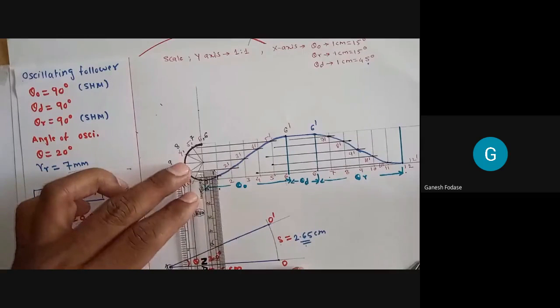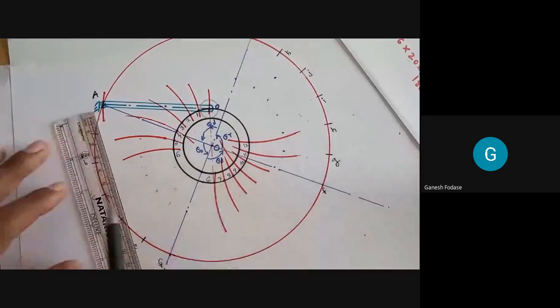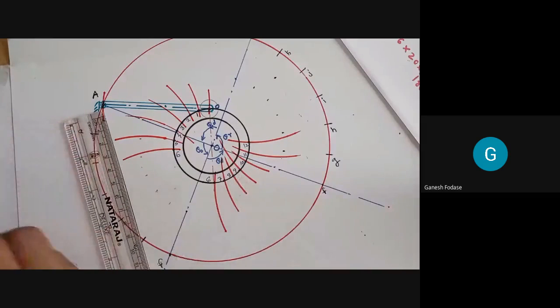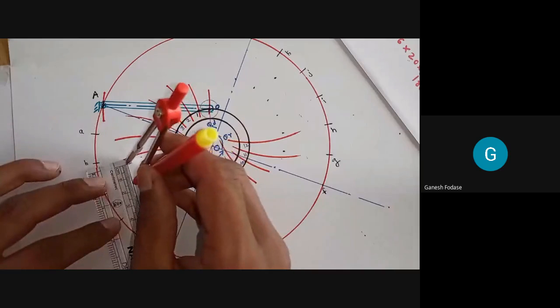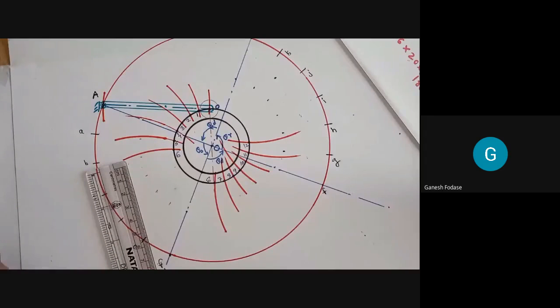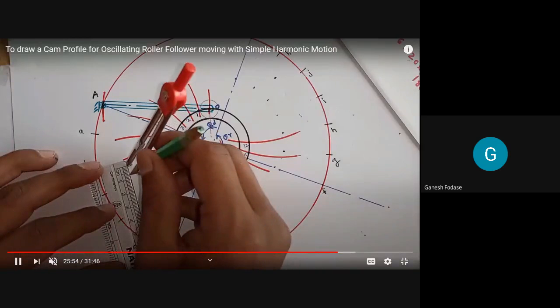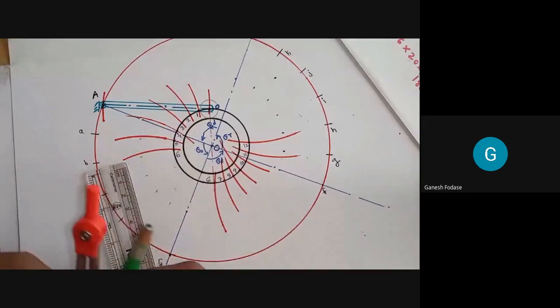So 1, 1 dash as a distance, you can use compass also here. No need to take scale always because it is easier to draw with compass. So 1, 1 dash. So we are marking that distance.